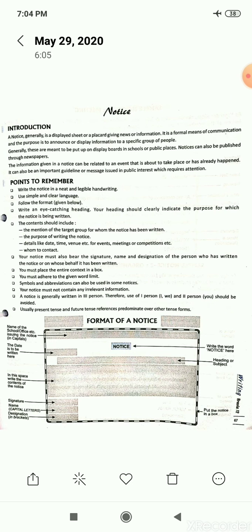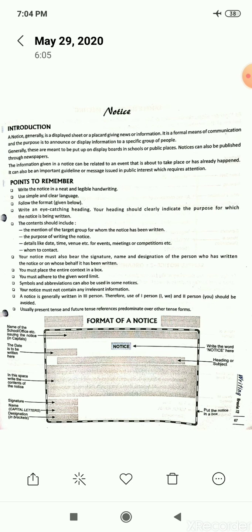For example, children, the notice is put up for the students of class 9th to 12th only. Like some of the notices are there which are for senior classes only. So the first point says that you must mention the target group. Target group means suppose a college is organizing a tour for the classes BCom only, right, for BCom classes only.